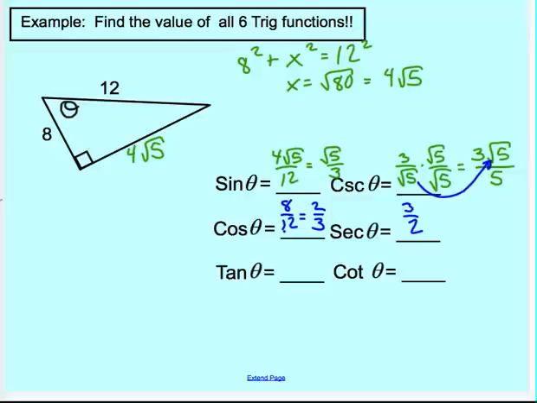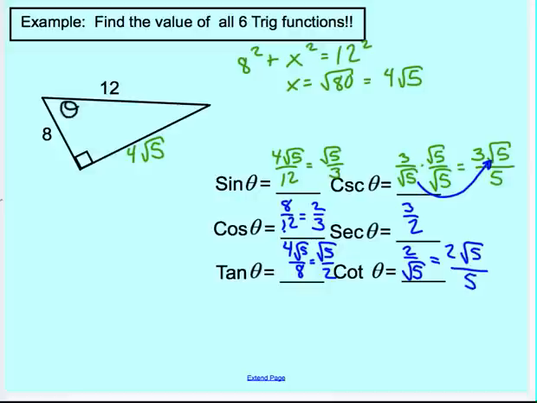And then tangent would be opposite over adjacent, which simplifies to square root of 5 over 2. The cotangent is the reciprocal of that. So the shortcut on this, you move the square root to the numerator, and you just drop the radical sign in the denominator to rationalize it.